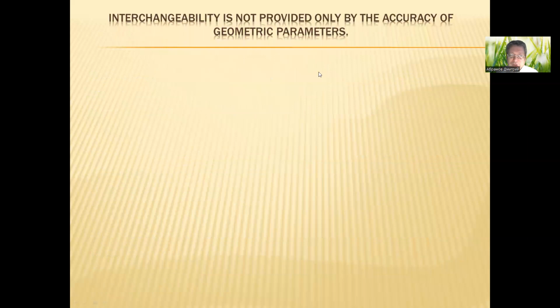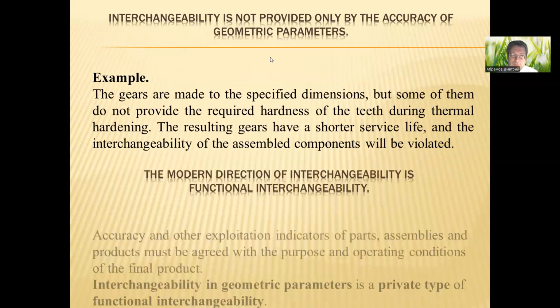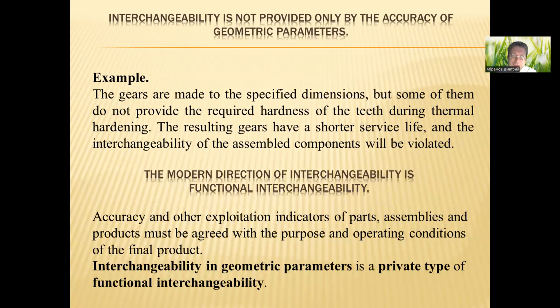Interchangeability is not provided only by the accuracy of geometric parameters. For example, the gears are made to the specific dimensions, but some of them do not provide the required hardness of the teeth during thermal hardening.